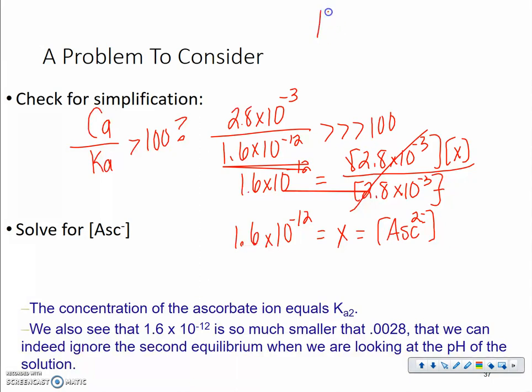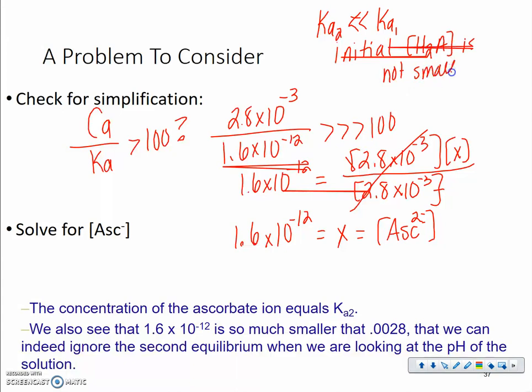Your Ka2 is much smaller than your Ka1, and your initial amount of acid, whatever it is, is not extremely small. Extremely small being like 10 to the -3rd or smaller scale.